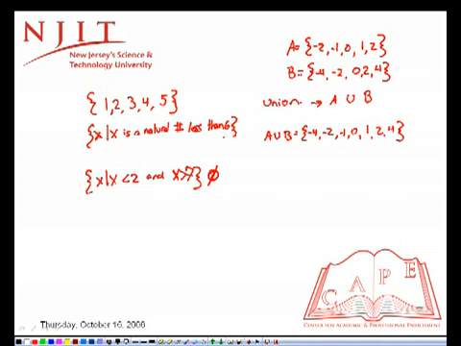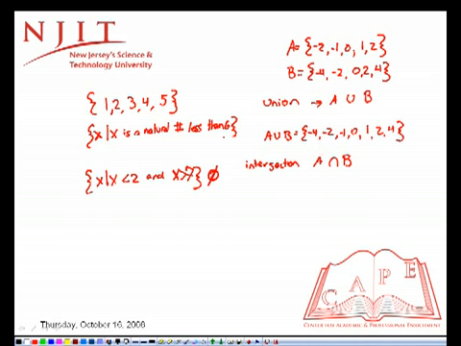Now there's one other useful piece of information, and it's called the intersection. This value is represented like this, with an upside down U. Now what does this mean?